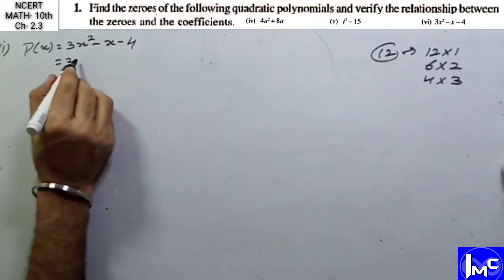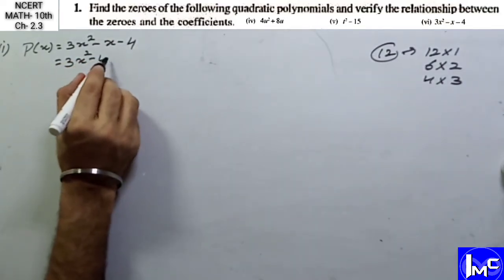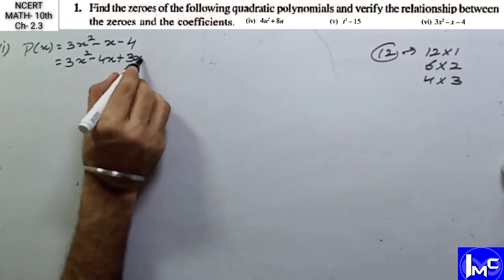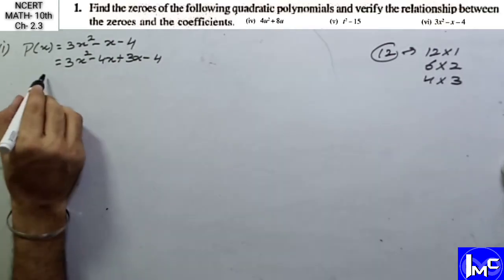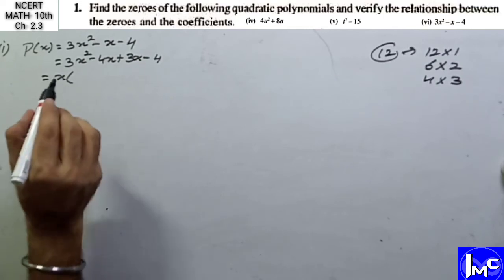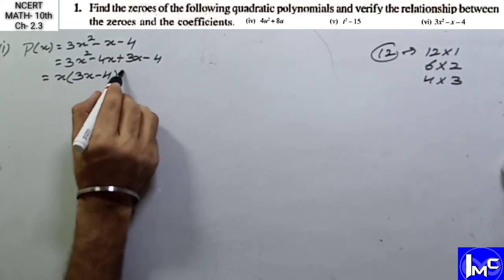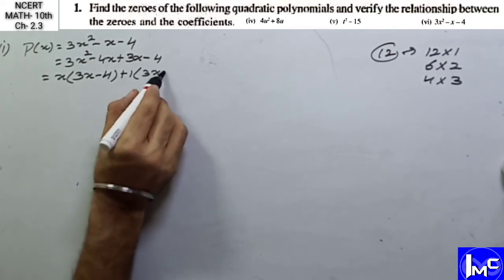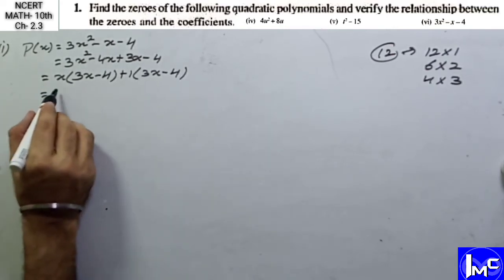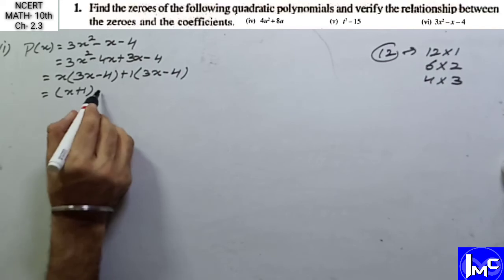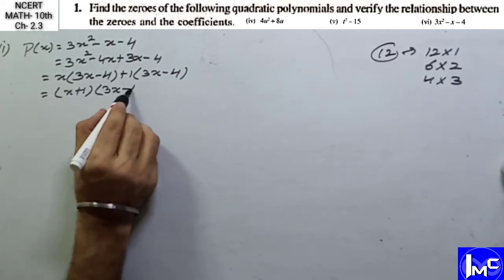So 3x square minus 4x plus 3x minus 4, and x is taken common from these two terms. x(3x minus 4) plus 1(3x minus 4), and the factors will be x plus 1 and 3x minus 4.